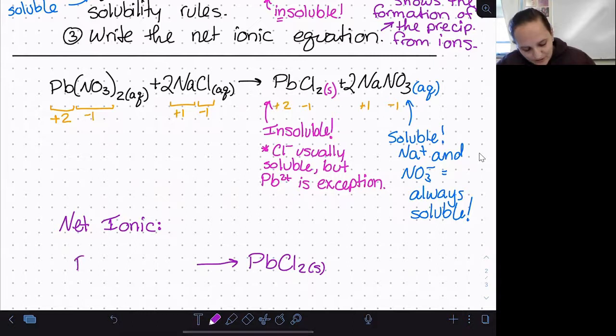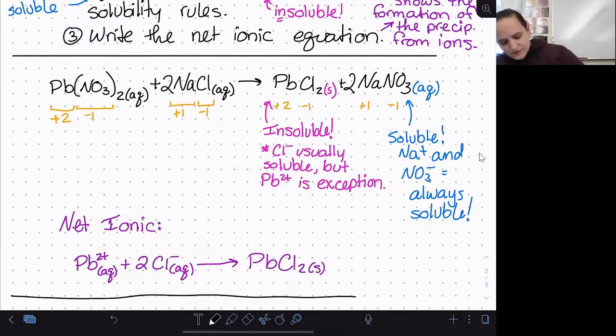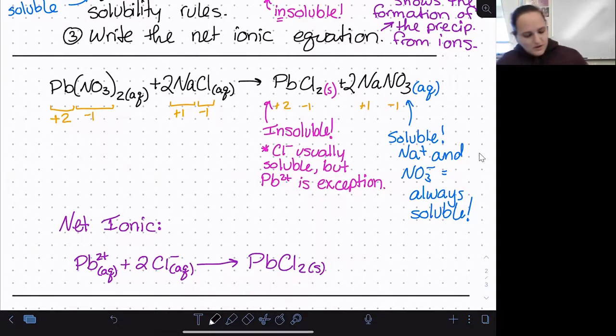So we would need a Pb2+ ion, and we would need 2 chloride ions. Those are the components that came together to form this precipitate.